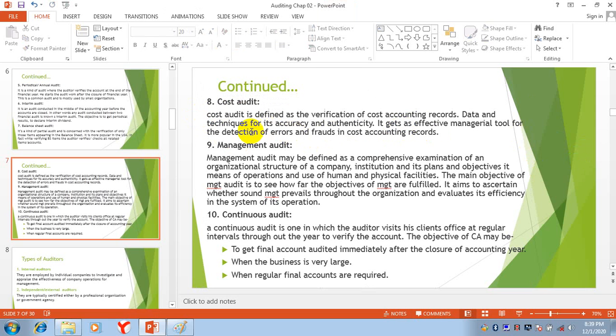So what is cost audit? Verification of the cost accounting data. Simply, it is called the cost audit. So the verification of the cost accounting data for the purpose of detection of errors and frauds in cost accounting records is called cost audit.